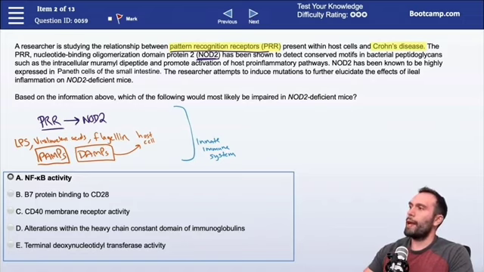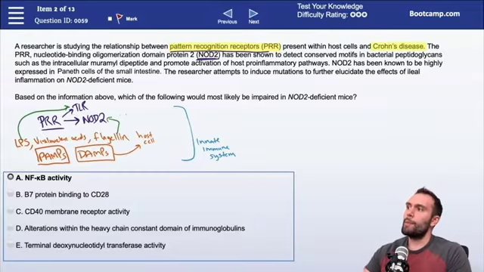When you have a pattern recognition receptor like NOD2 or a toll-like receptor, TLR, these can recognize these non-specific patterns. And once these bind together, once LPS binds to this toll-like receptor, or flagellin binds to something like NOD2, whatever it is, we eventually end up getting an inflammatory cascade.